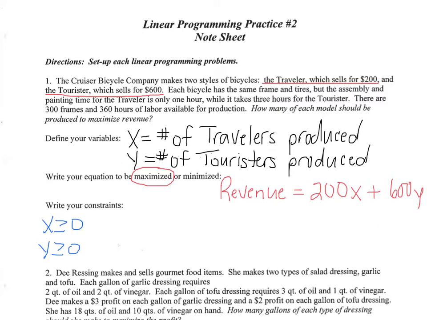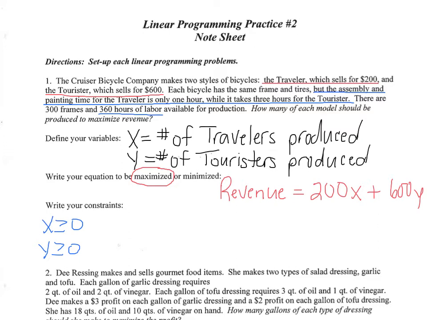Now, it says in the second sentence, each bicycle has the same frame and tires, but the assembly and painting time for the Traveler is only 1 hour, while it takes 3 hours for the Tourister. So assembly and painting time for the Traveler is 1 hour. It takes 3 hours for the Tourister. And there are 360 hours of labor available.